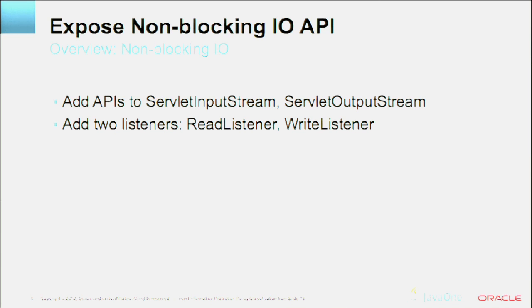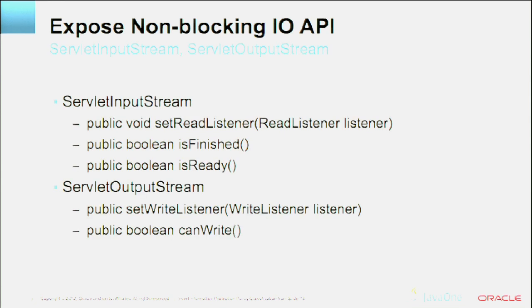I will give you the details of how this works together, and then I will show you some examples. If you would like to experience how it actually works, you can download the Glassfish implementation, and then you can play around with the NIO API.